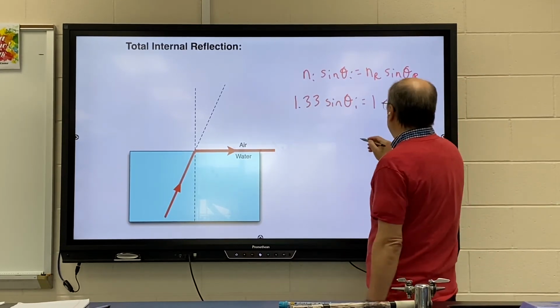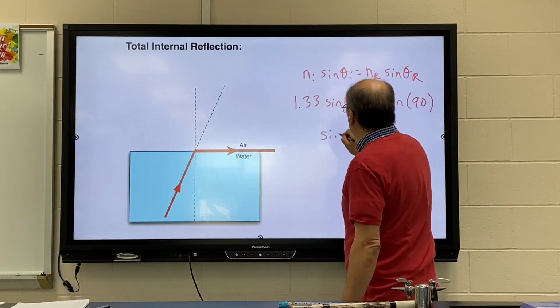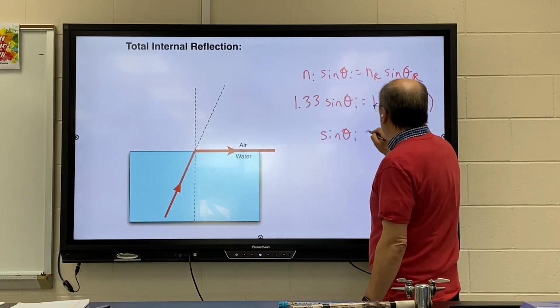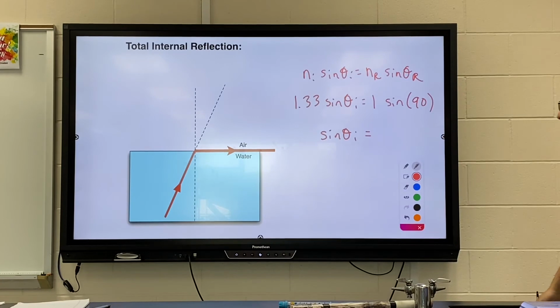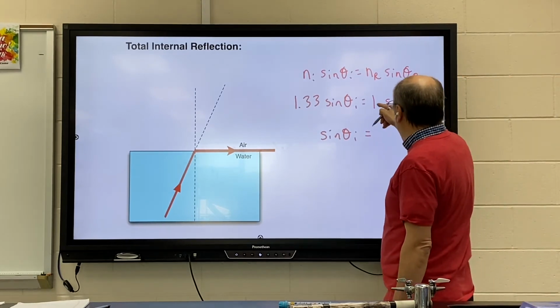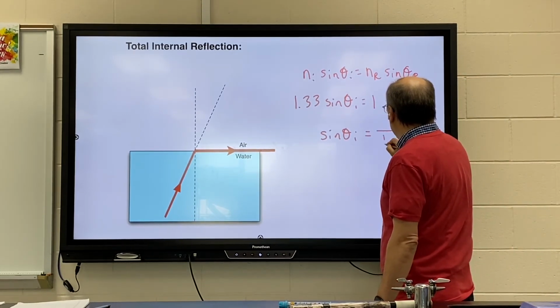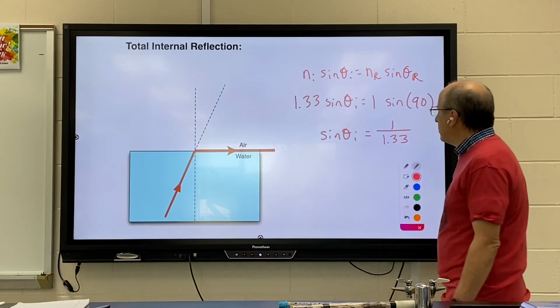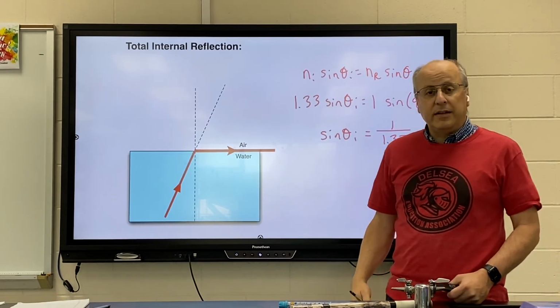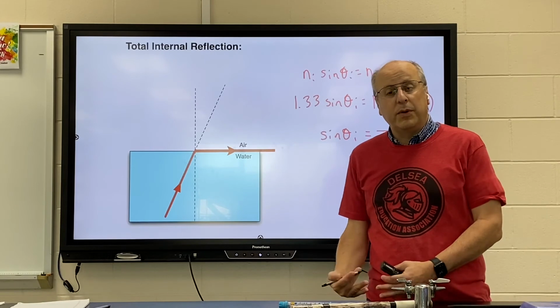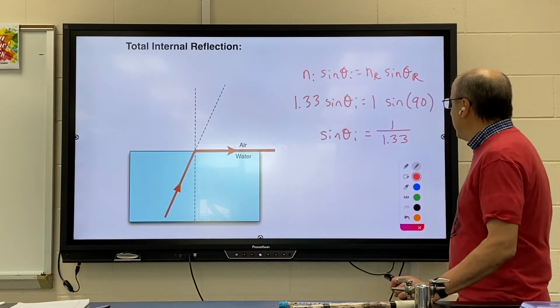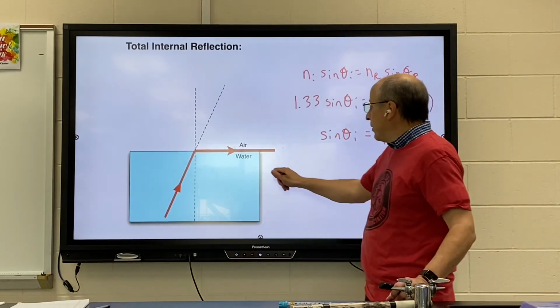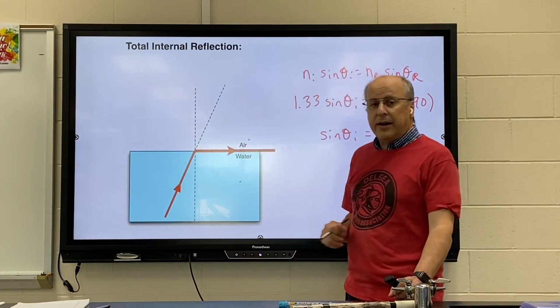So what we do is we solve for the angle. Sine of 90 is 1 times 1. So we simply do the inverse sine of the reciprocal of 1.33. That will give us our critical angle for light going from water to air.